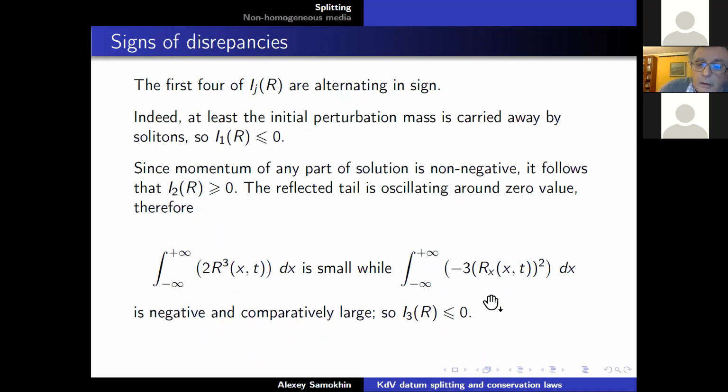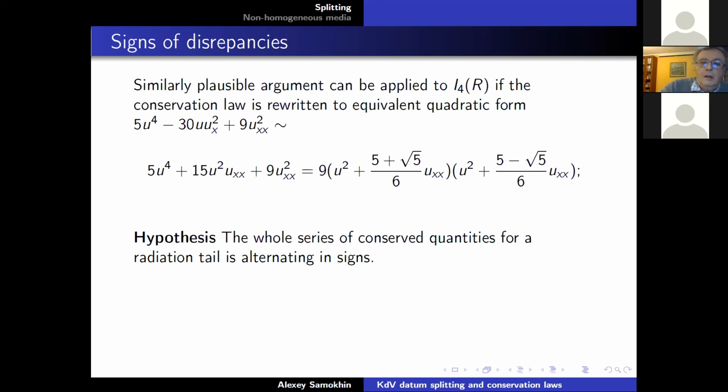And this one is not small because it is also almost harmonic, but negative. This is, of course, not the proof, but at least a plausible argument.